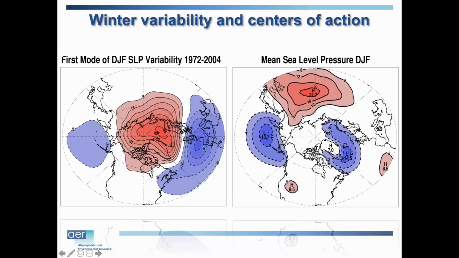The North Atlantic one is stronger. When the Arctic Oscillation is negative, this red would represent high pressure over the Arctic and low pressure in the North Atlantic and the North Pacific. And when the Arctic Oscillation is positive, this would be low pressure in the Arctic and high pressure in the ocean basins.